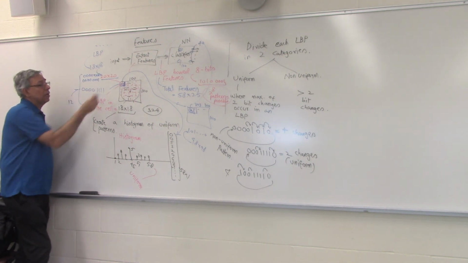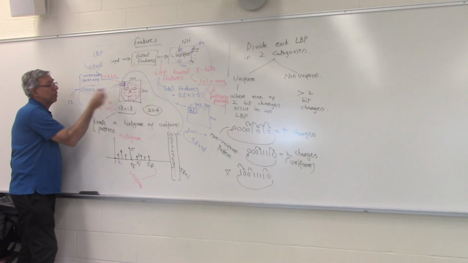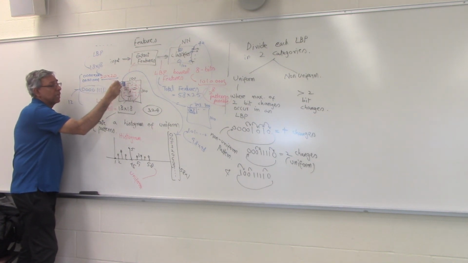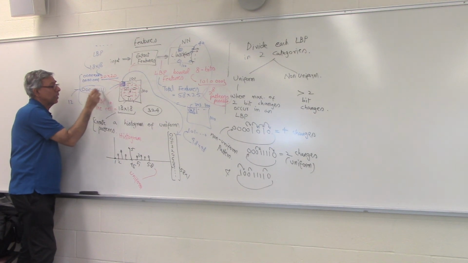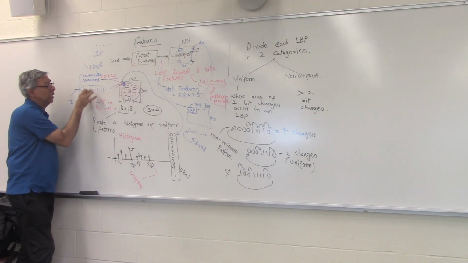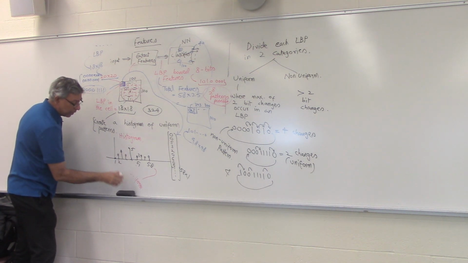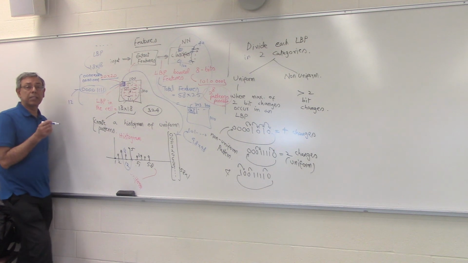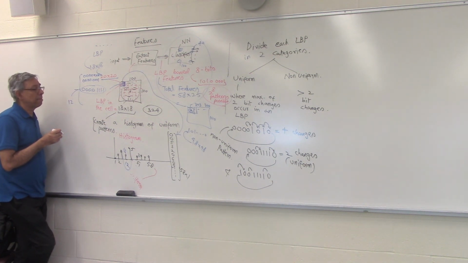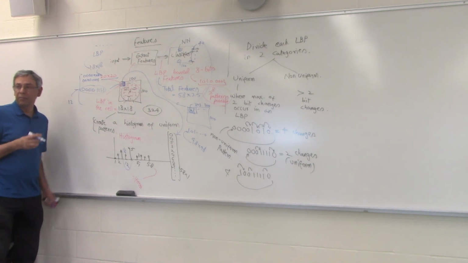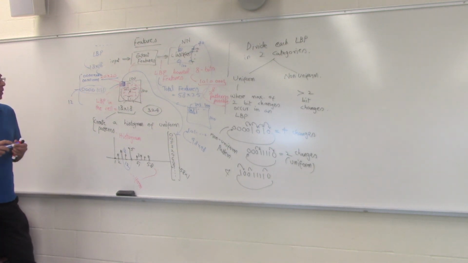Now this value appears here, but if I move the window somewhere else, it also appears. Pretend 3 different places this pattern appeared. So for pattern number 12, I'll say the count is 3 in the histogram. Make sense?